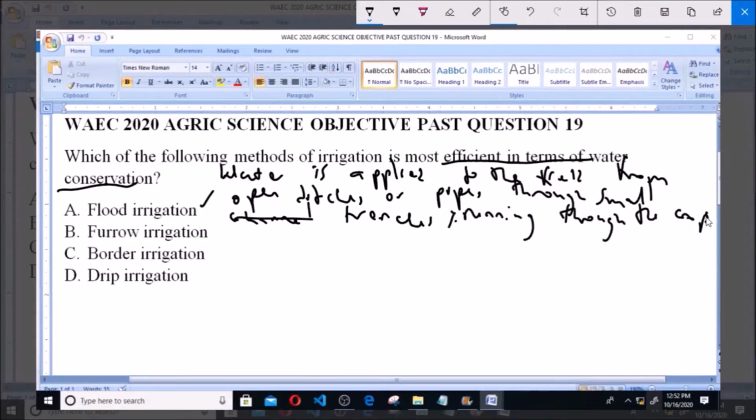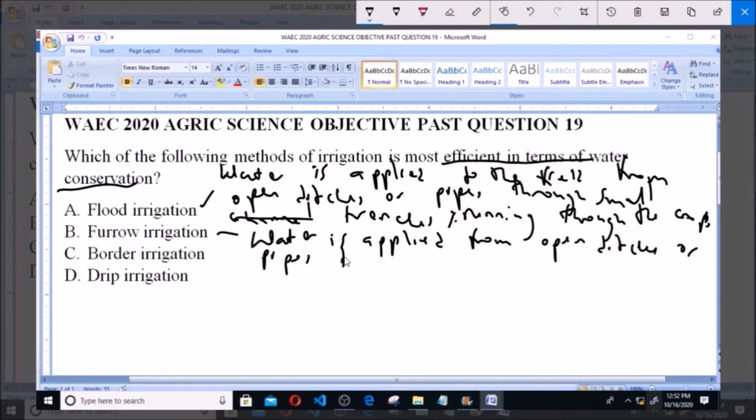And option B says furrow irrigation, and in furrow irrigation, water is applied to the field from open ditches or pipes through small channels or furrows. Now, in flood irrigation, pipes may not usually be used, so just the open ditches or trenches.